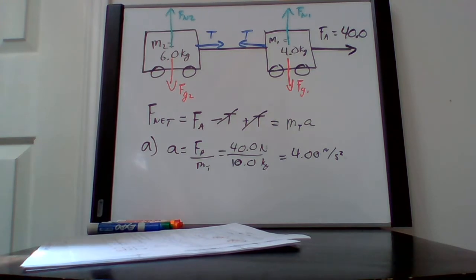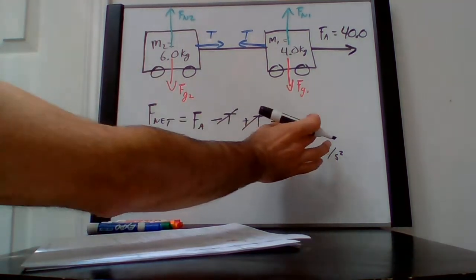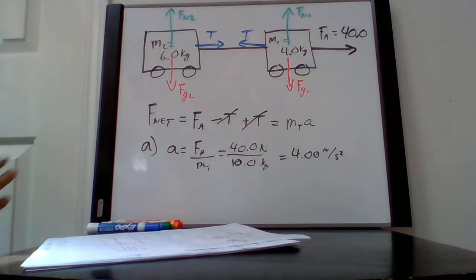Very similar to what we've done in the past. However, this time we've got to talk about the total mass because we have this coupled system. And we've got a note in here. Note that tension cancels out of the total F net equation.